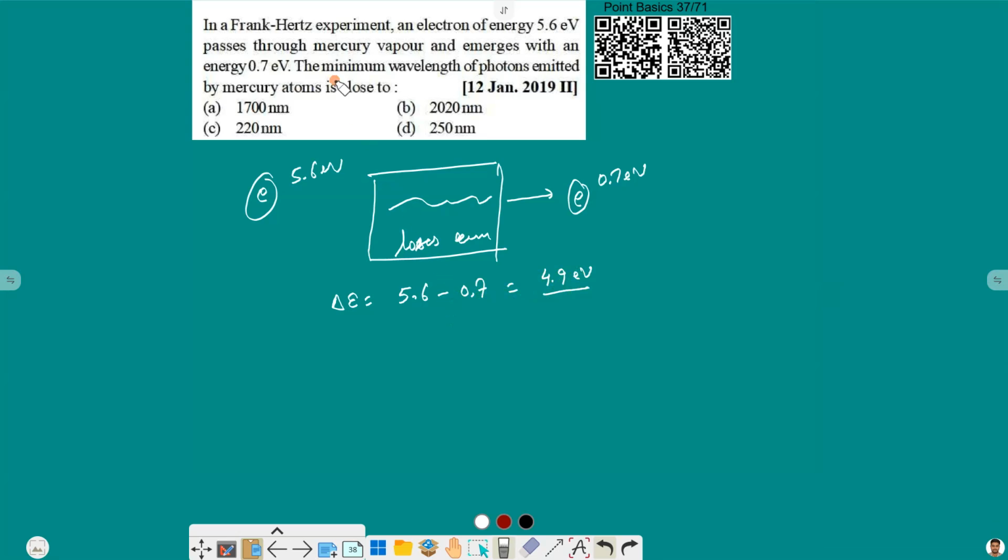Now we have to find the minimum wavelength. Minimum lambda means frequency will be maximum, and if maximum frequency is required, there should be a single transition.